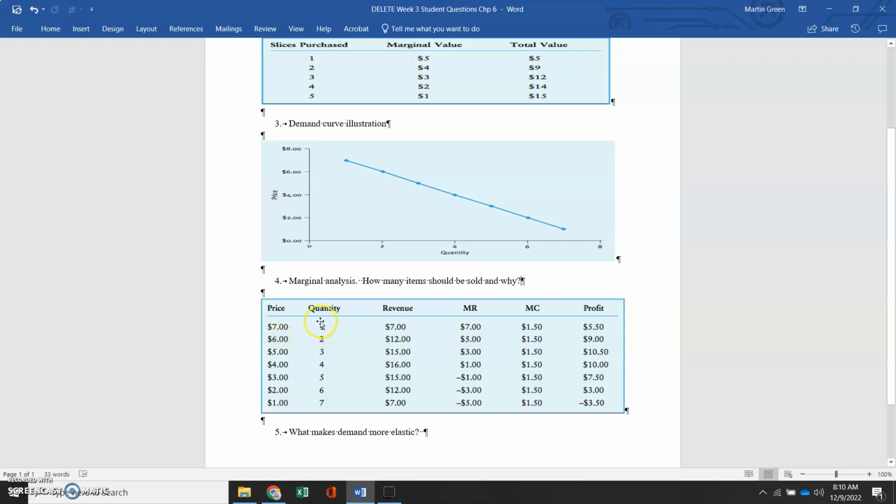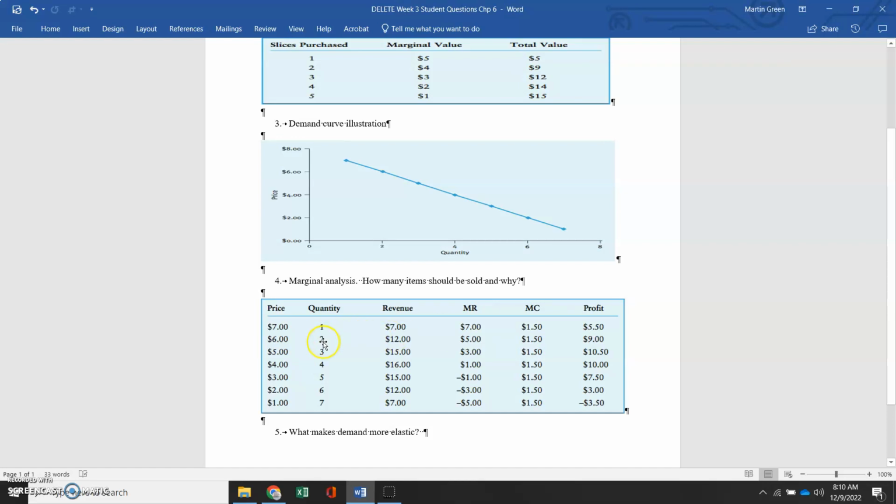And you can see here, quantity 1, $7. Our marginal revenue, the revenue on one additional item, is $7. Our marginal cost, no matter what, is $1.50 again for a piece of pizza. So our total profit is 7 minus 1.50, which is 5.50. Very straightforward.